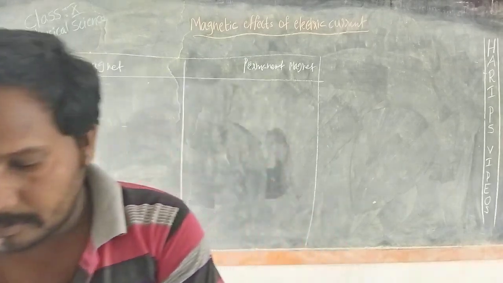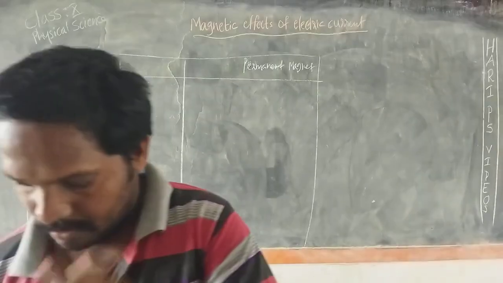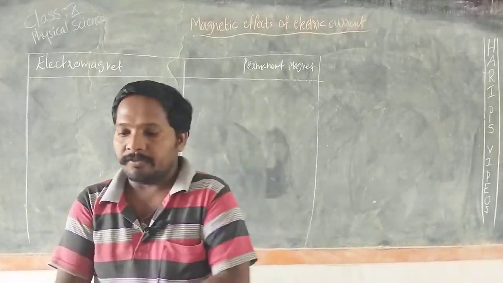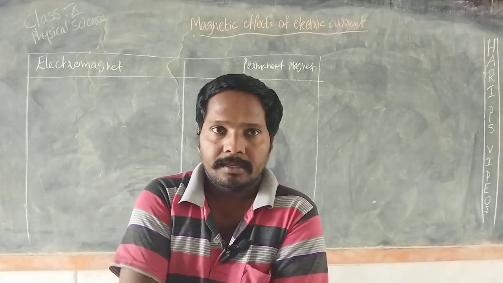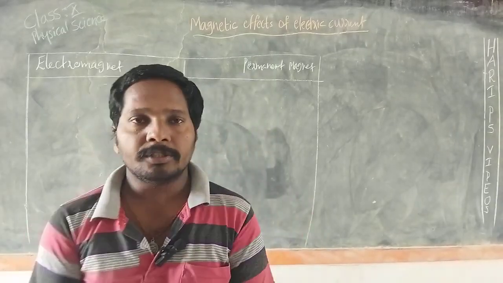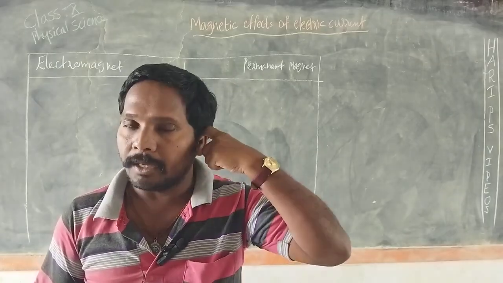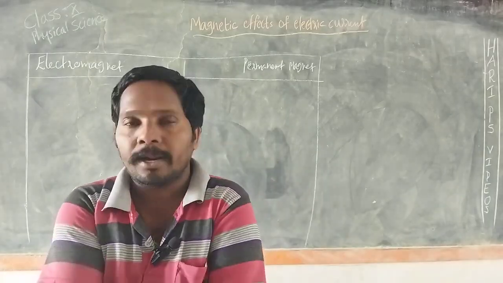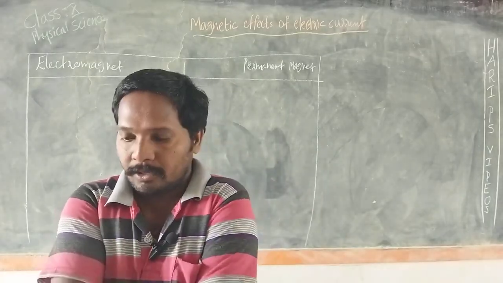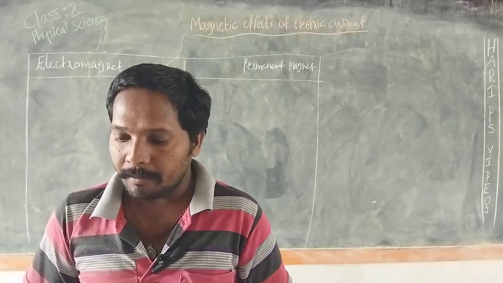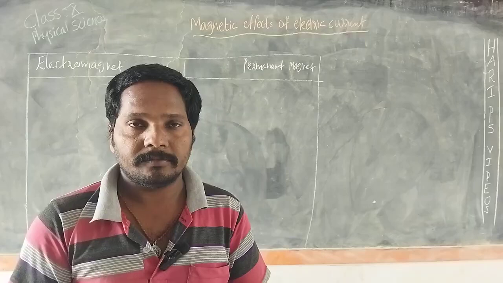An electric current can be used for making temporary magnets known as electromagnets. An electromagnet works on the magnetic effect of current.